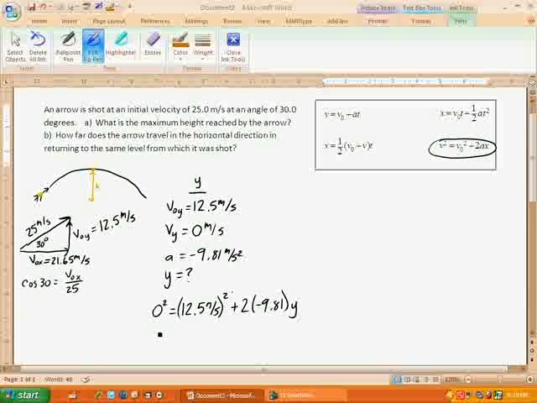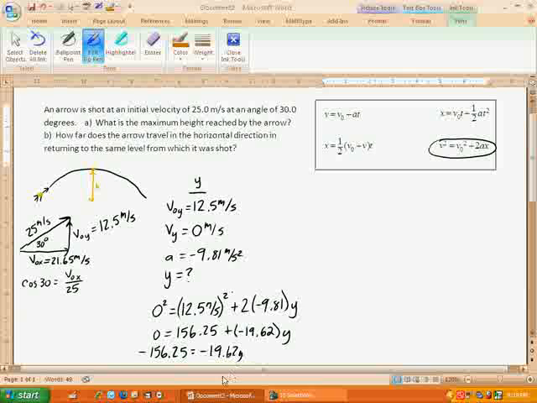So 0 equals 156.25 plus 2 times negative 9.81, which gives negative 19.62 times y. I'll subtract the 156.25, so negative 156.25 is equal to negative 19.62y.